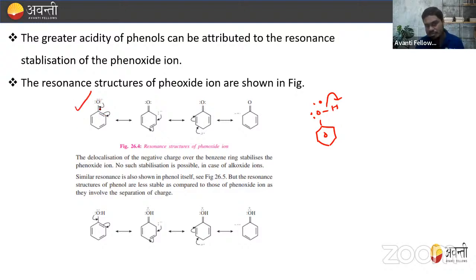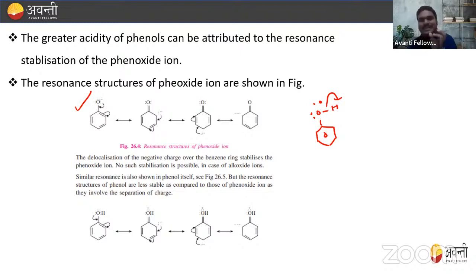The negative charge goes to the oxygen atom, then the double bond shifts to the ortho and para positions. So this negative charge is stabilized at all the ortho and para positions, and due to this only, phenol is more stable, because acidic means what? The acid that is good is the one that gives H plus. Now when it gave H plus, O becomes negative.